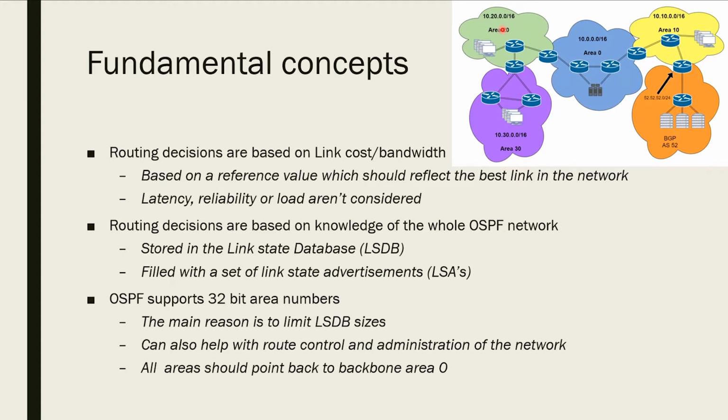And finally, one rule that is important to take into consideration, and why I've created this diagram here, is that all areas should connect back to the backbone area of 0. There are ways to get around it, and I will talk about that in a later talk. But in theory, this area 30 and these devices here won't have any knowledge of area 0 or area 10 networks.